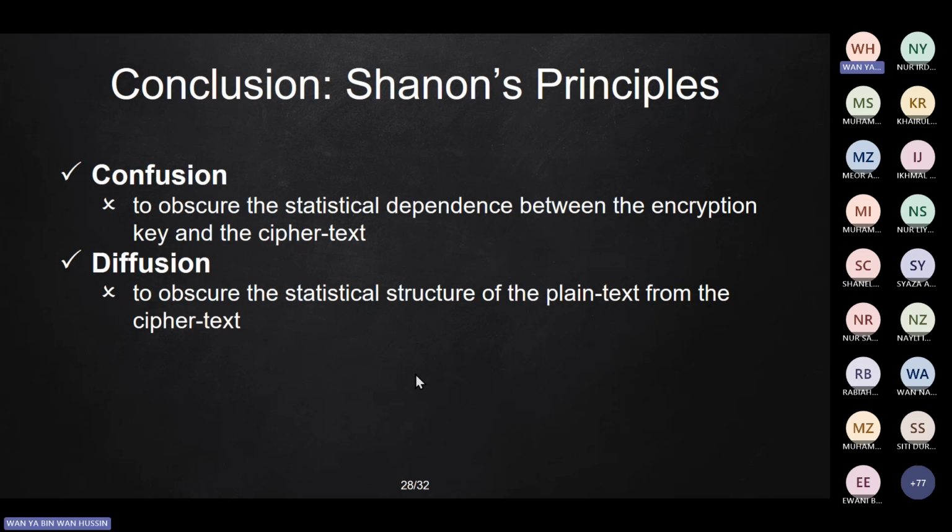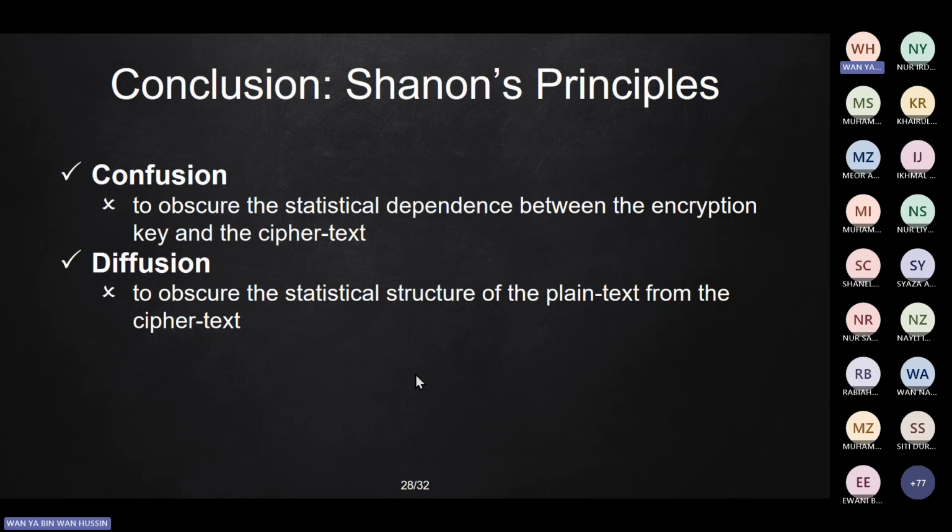The second one, we try to de-associate plaintext with ciphertext. By applying these two principles in our crypto algo, it will create the avalanche effect.